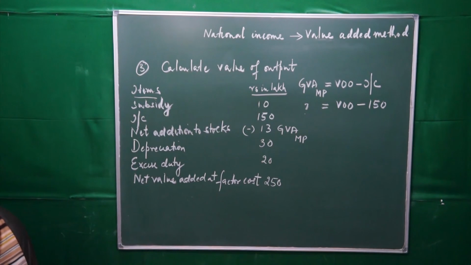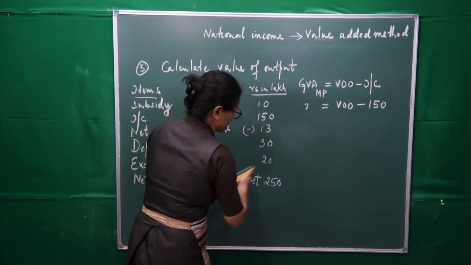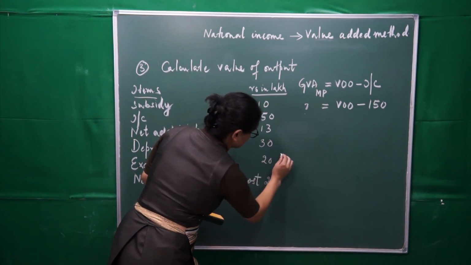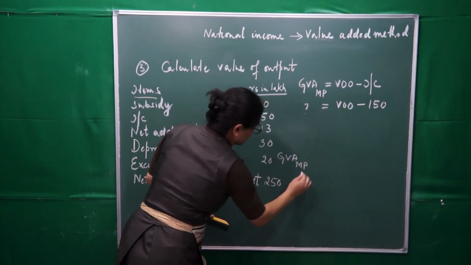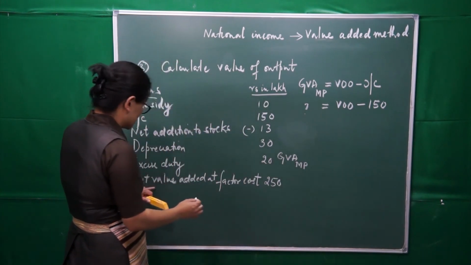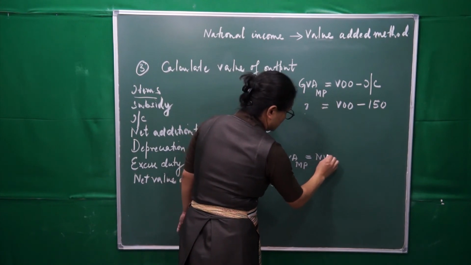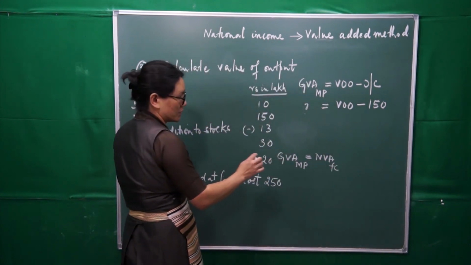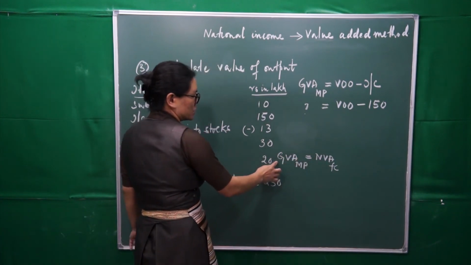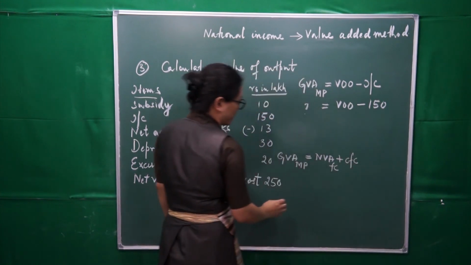I'll write it down so that I can use this space. GVA at MP. For this, what is given here? Net value added at factor cost. Now we have to go for conversion. Net to gross, plus CFC.